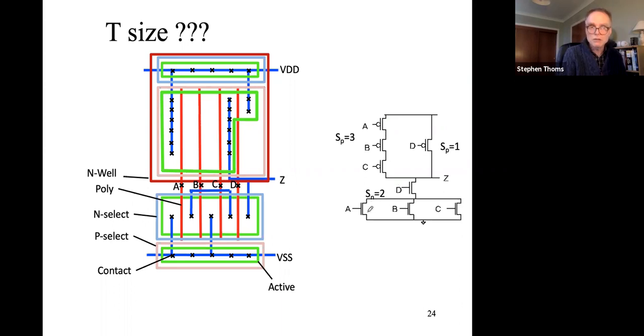So these need to be width 2, these need to be width 3 times whatever factor we have for P to N, which if we assume is 2, this would be then width 6, and this would be width 2. So that's what's been drawn here, and we've got extra contacts as required.